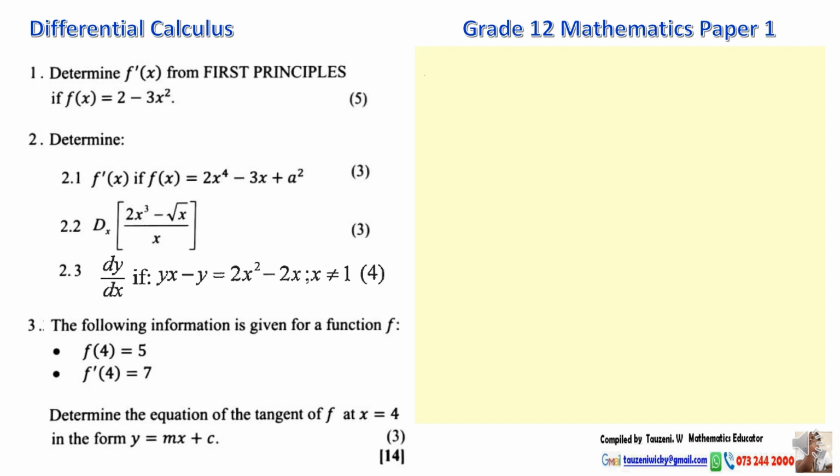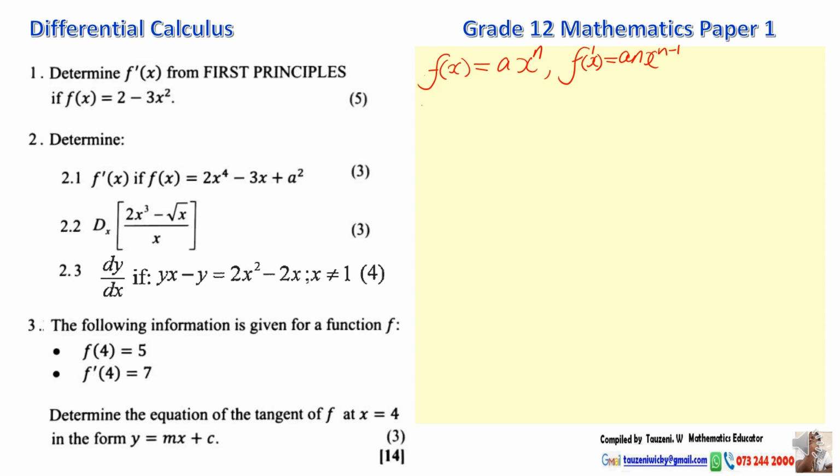Now, what we know is that if you are given f of x is equal to ax to the power of n, then the derivative of f of x is equal to an multiplied by x to the power of n minus 1. This is the formula that we apply in differentiating using differentiation rules.